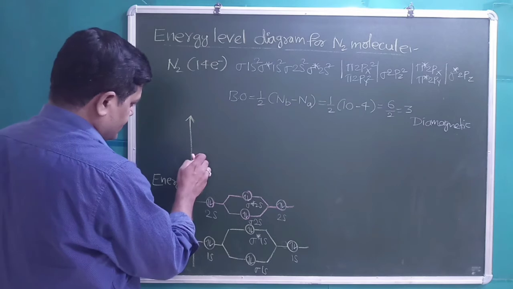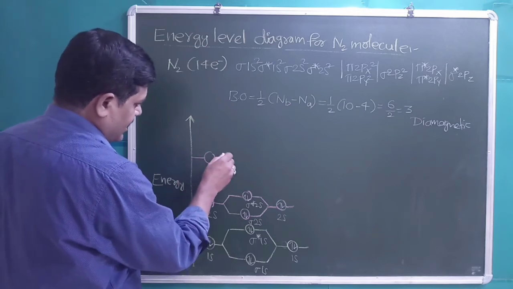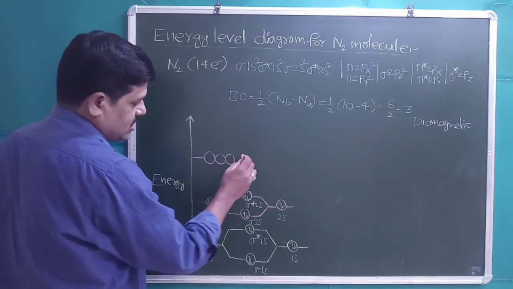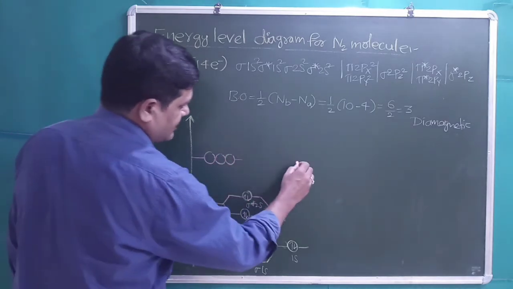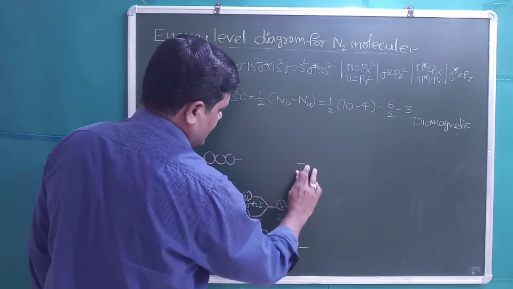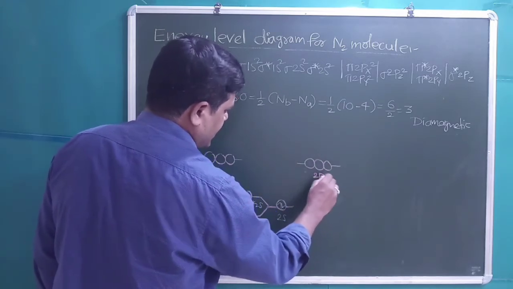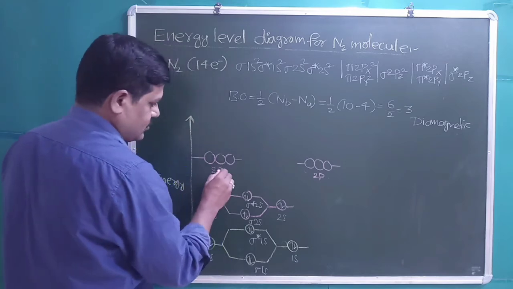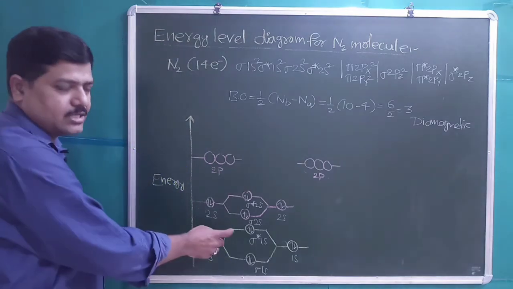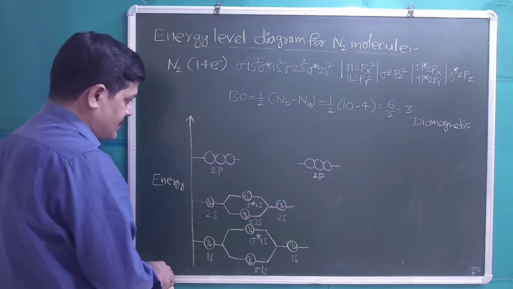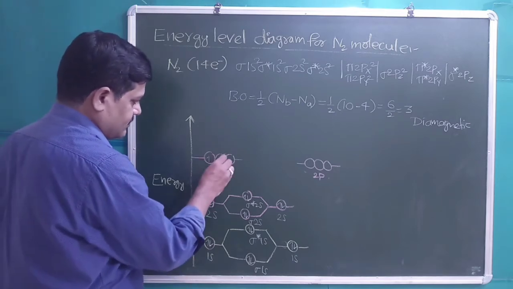Next level, the three 2p orbitals of one nitrogen atom will mix with the three 2p orbitals of the other nitrogen atom. The electronic configuration of each nitrogen is 1s2, 2s2, 2p3.